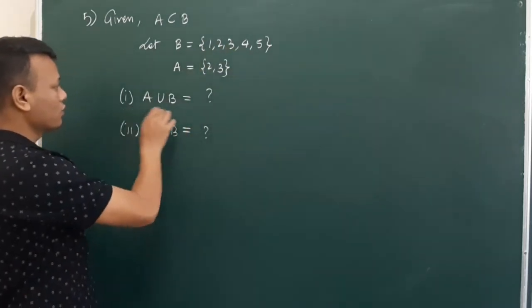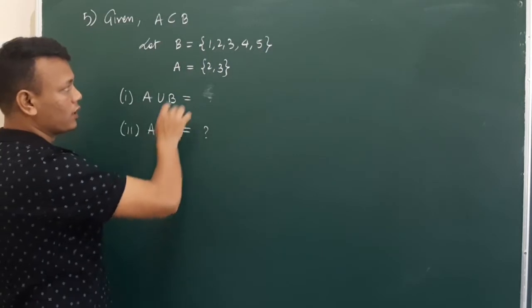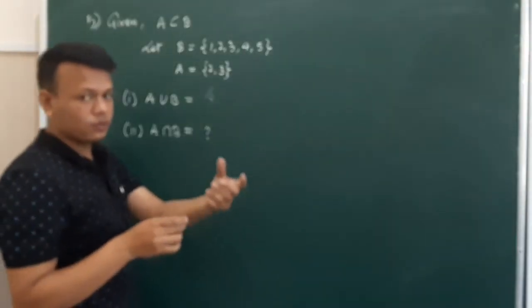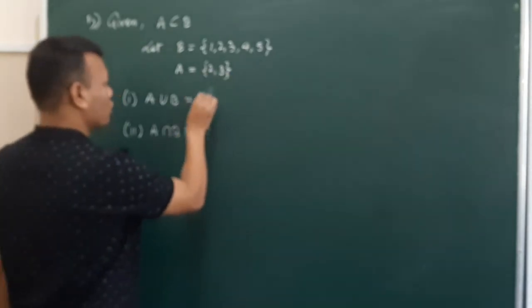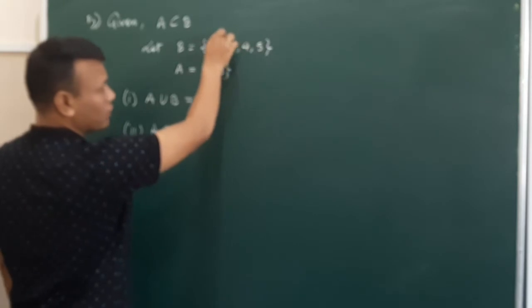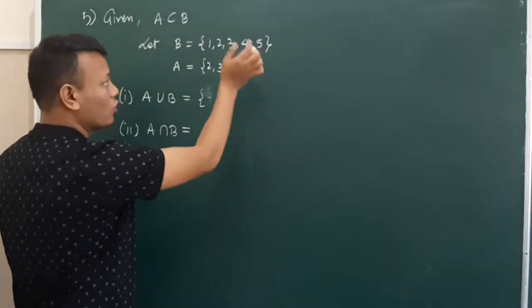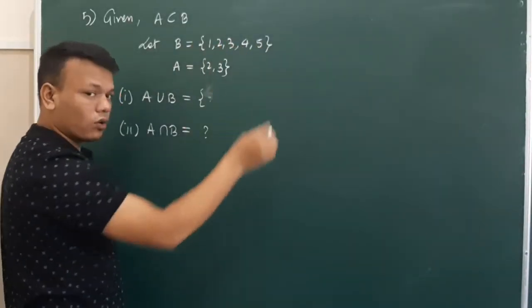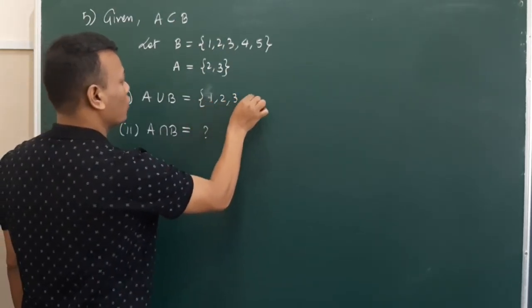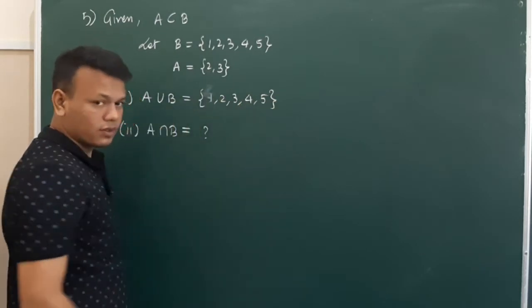Now let's see what will be A union B. That means we are combining these two. When we combine the sets, we have to combine the elements, right? So after combining, if I put 2 and 3 in this, we cannot repeat 2 and 3 because they are already present here. So this will turn out to be 1 2 3 4 5, isn't it?